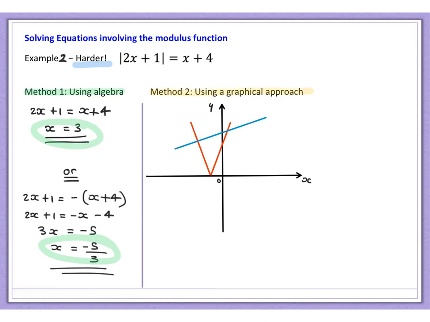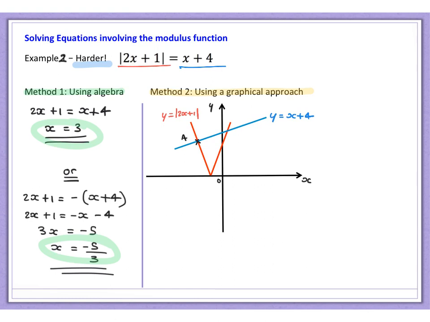Again, I've pre-sketched the graphs we need here on this set of axes. So this red graph is the graph of y equals modulus 2x plus 1. And the blue graph is the graph of y equals x plus 4. Now, there are 2 points of intersection. Let's label them again.